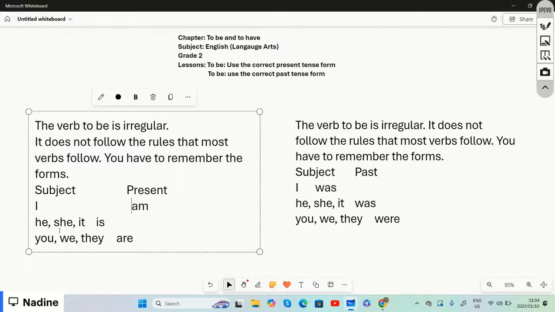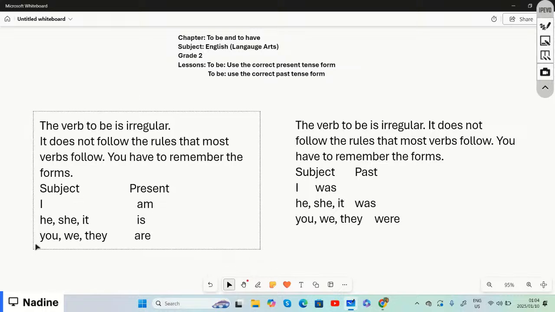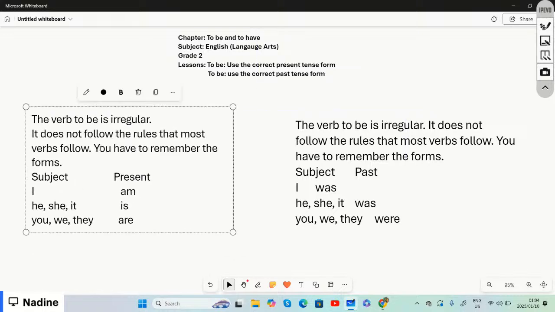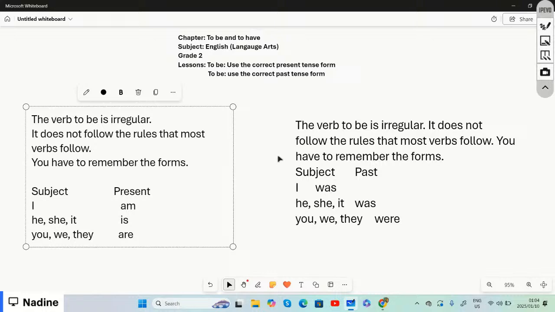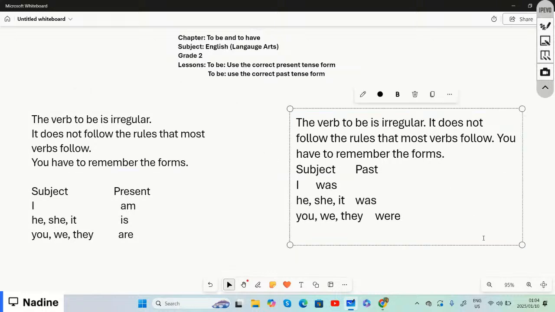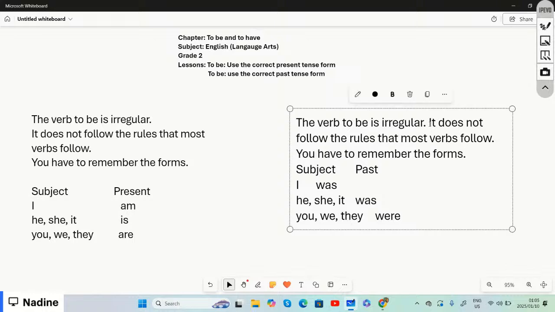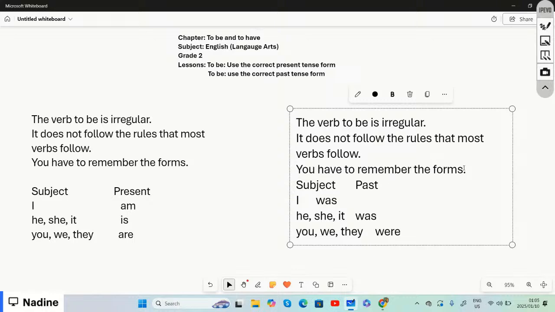And the lessons that we are going to be focusing on are to be, to use the correct present tense form, and to be, to use the correct past tense form. So that is going to be our lessons for today.